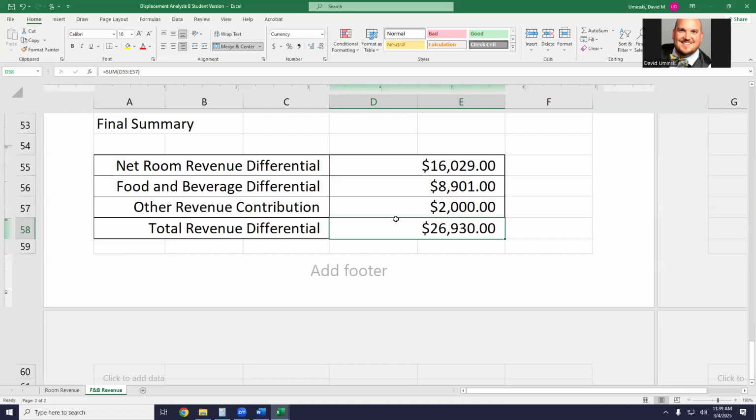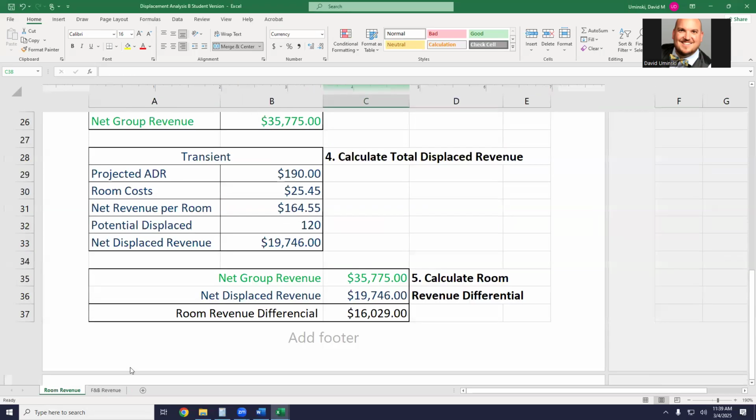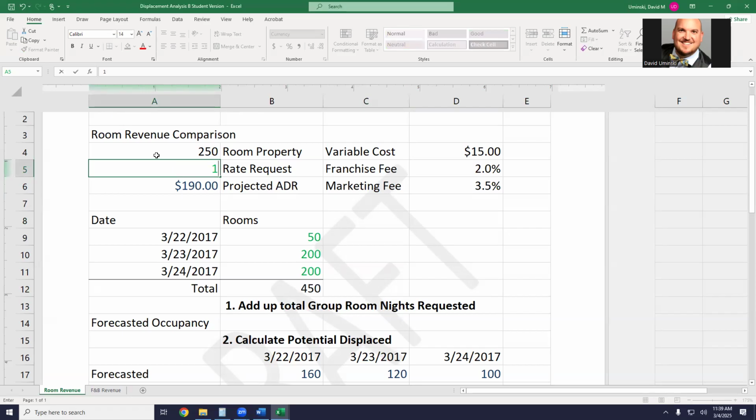Or yeah, we can take this piece of business, but I cannot give you a $90 discount on my rate. The best rate I can give you maybe is $150.